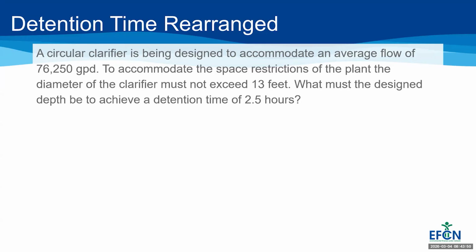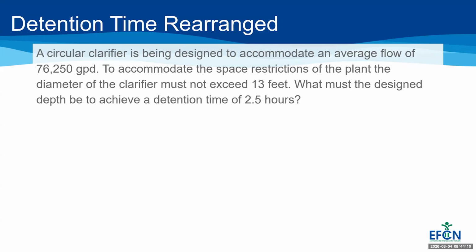So there's space restrictions. To accommodate the space restrictions of the plant, the diameter of the clarifier must not exceed 13 feet. So that's as big as round as it can be, but it can be as deep as we want it to be, right? So what must the designed depth be to achieve a detention time of 2.5 hours?